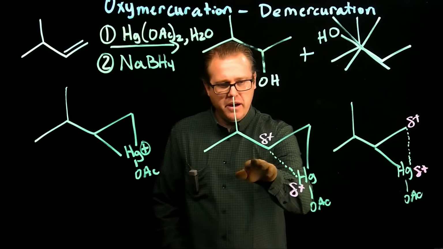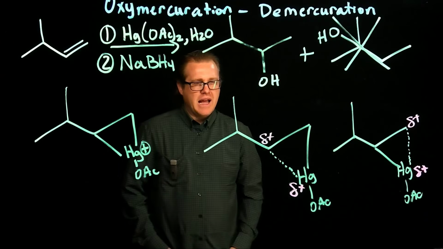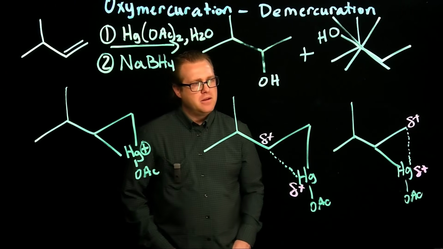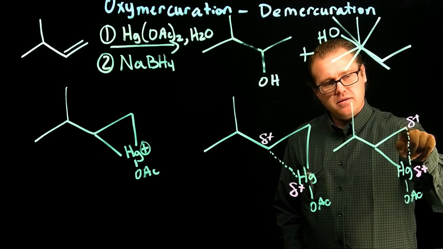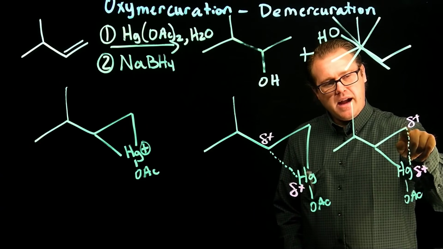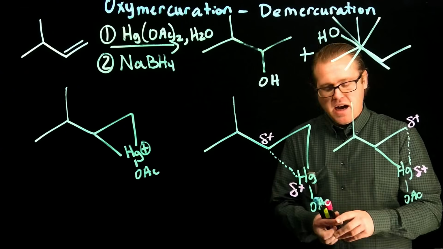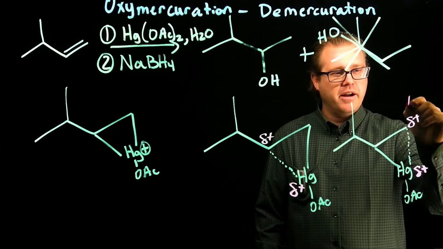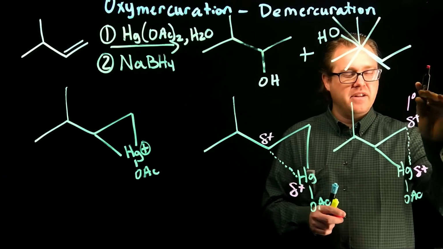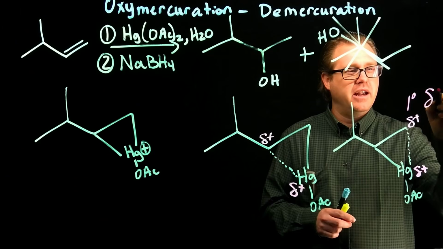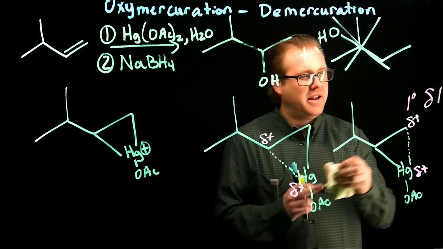Now, comparing these 2 possibilities, which one is the more likely structure? Well, when I take a look at this carbon right here, I see that this carbon is bonded to 1 carbon. So that's kind of like a primary carbocation. Or we could say that's a partial primary carbocation. That's probably a better way of saying it.